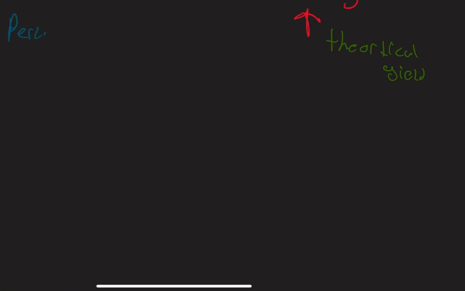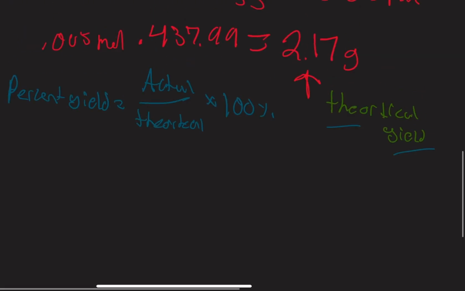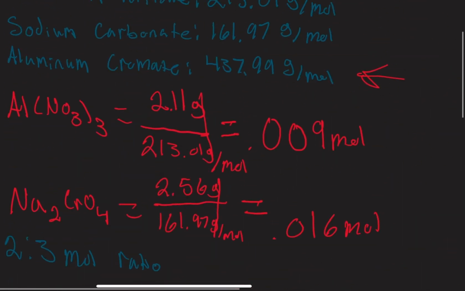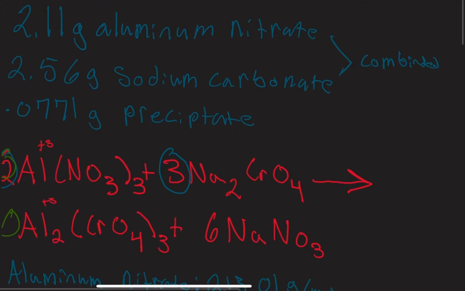To find our percent yield, we're going to do the actual yield over the theoretical yield, times 100% to turn it into a percentage. We just found our theoretical yield, and we don't actually have to find the actual yield because it was given. It's our precipitate, 0.0771 grams, right here.